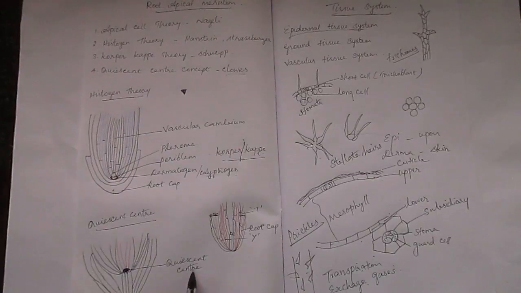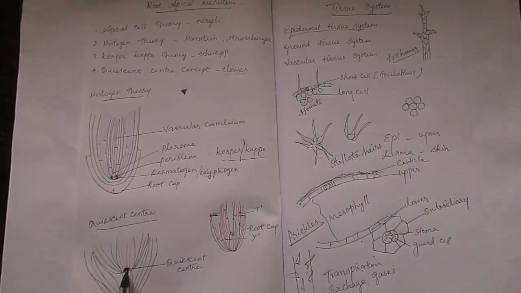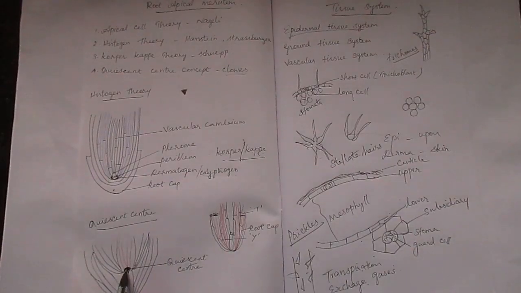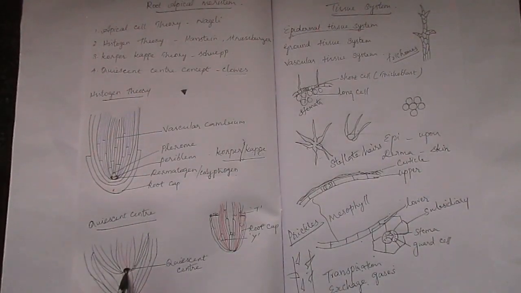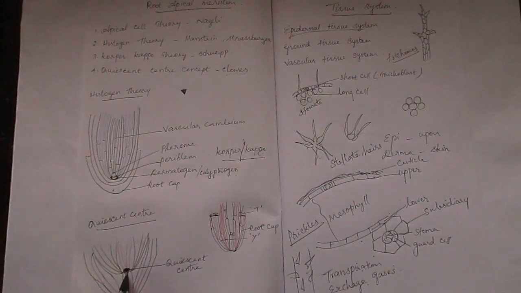This inactive part is called quiescent center. It's the site of hormone synthesis. Hormones are synthesized in this region. Also, it is the ultimate source of all meristematic cells in this region.